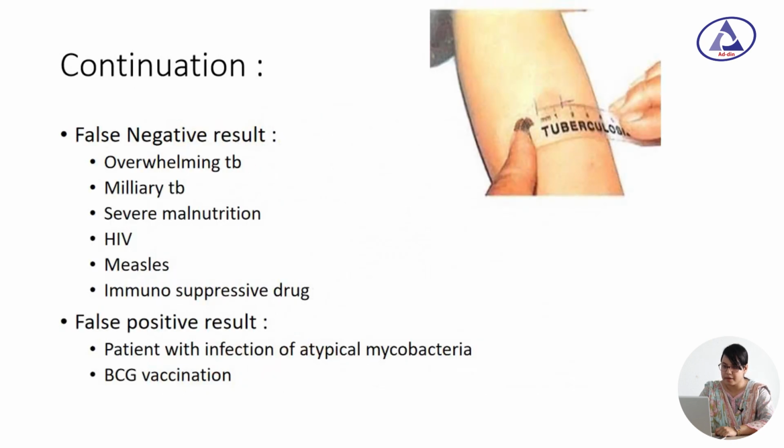The result sometimes can be false negative or false positive. False negative results come in overwhelming TB, miliary TB, severe malnutrition, HIV, measles, immunosuppressive drugs. False positive results may occur in patients with infection of atypical mycobacteria and BCG vaccination.